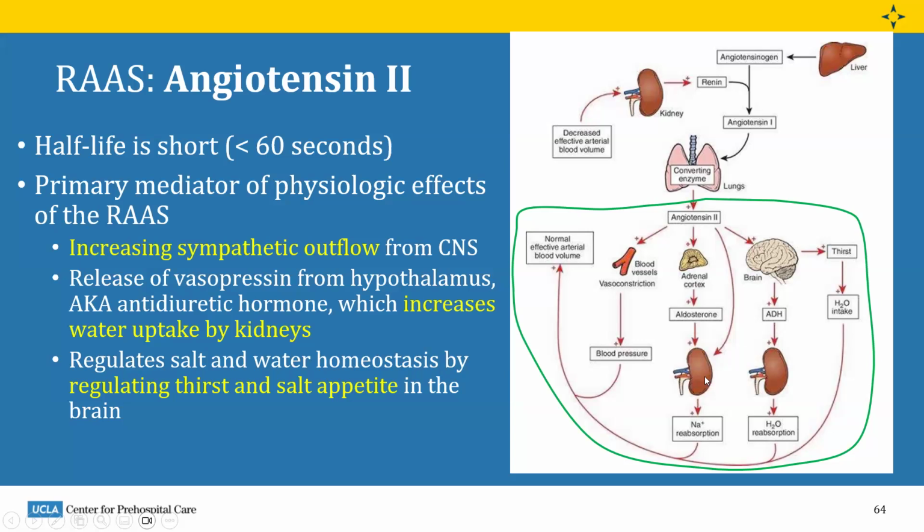It also directly influences our kidneys to absorb more sodium. Then it also works at our thirst centers to make us thirsty, and our hypothalamus to produce antidiuretic hormone and reabsorb our water. So we have succeeded in increasing our vasoconstriction, and our sodium and water reabsorption.